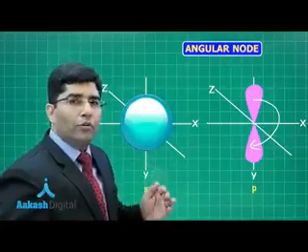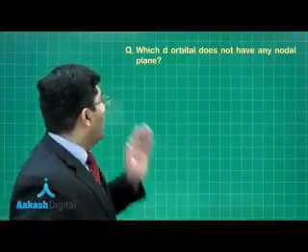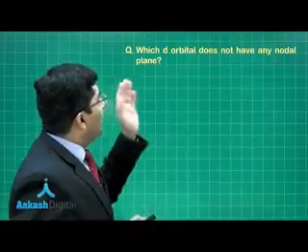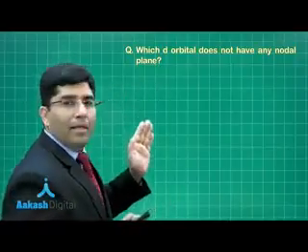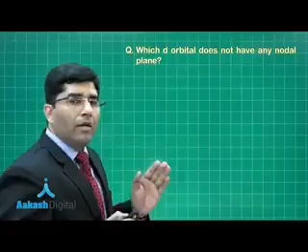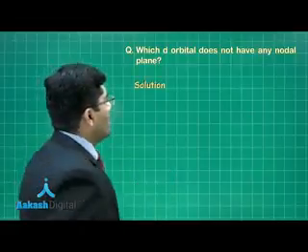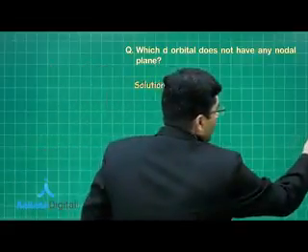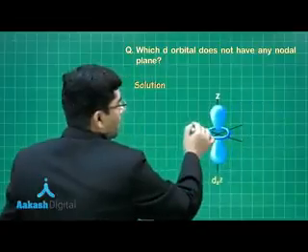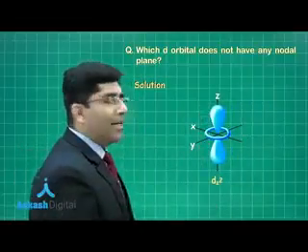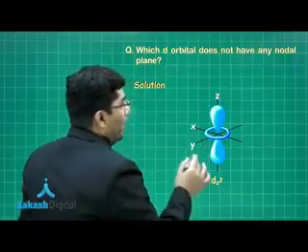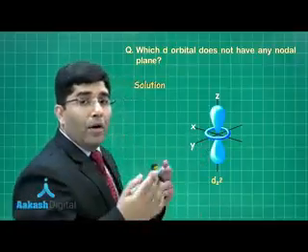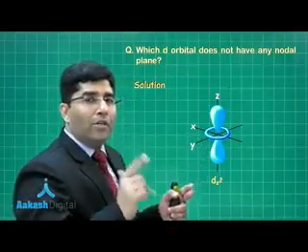Let's solve a question. In this question it asks which d orbital does not have any nodal plane. Now, is it possible? Let's see. The solution is, there is an exception, and the exception is dz square. Now, we all know that in the case of d, the value of L is equal to 2.